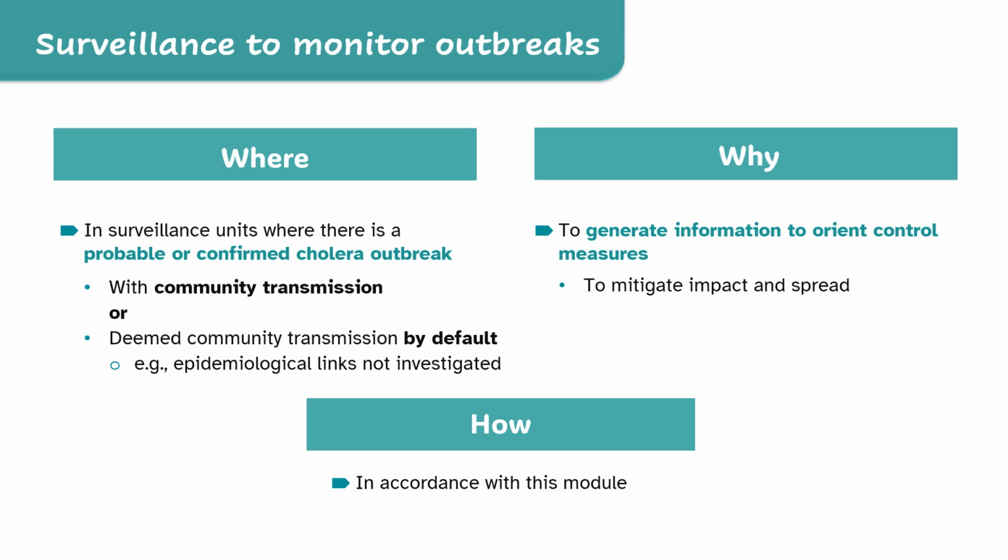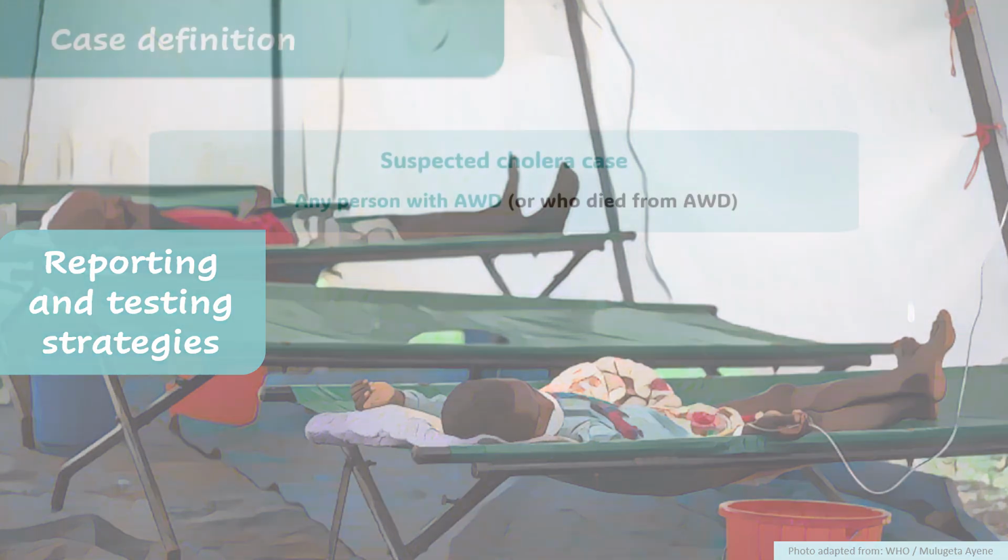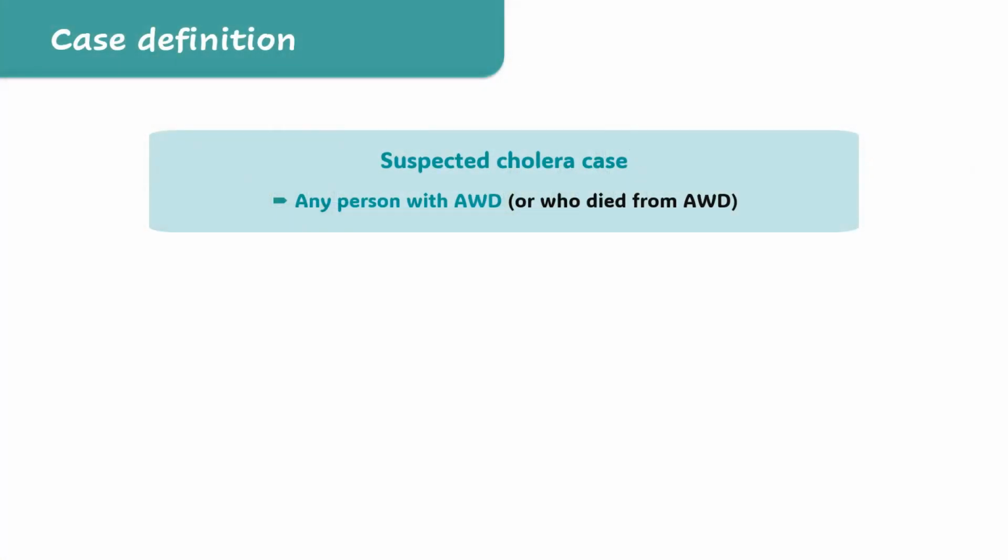Let's look into how suspected cholera cases are reported and tested when the surveillance objective is to monitor a cholera outbreak. When the surveillance objective is to monitor an outbreak, a suspected cholera case is any person who has acute watery diarrhea, AWD, or who died from AWD.